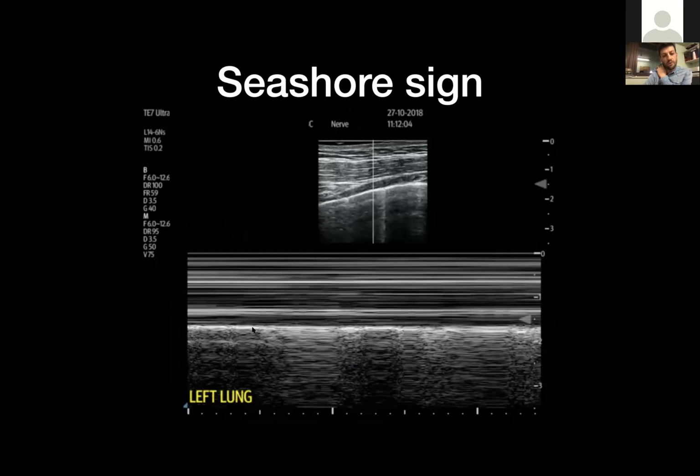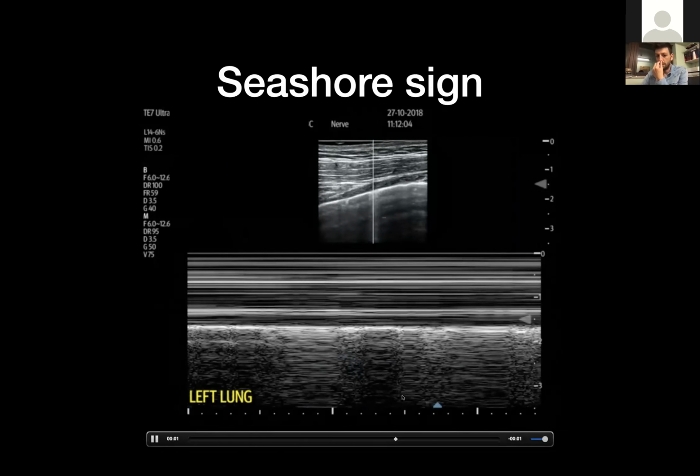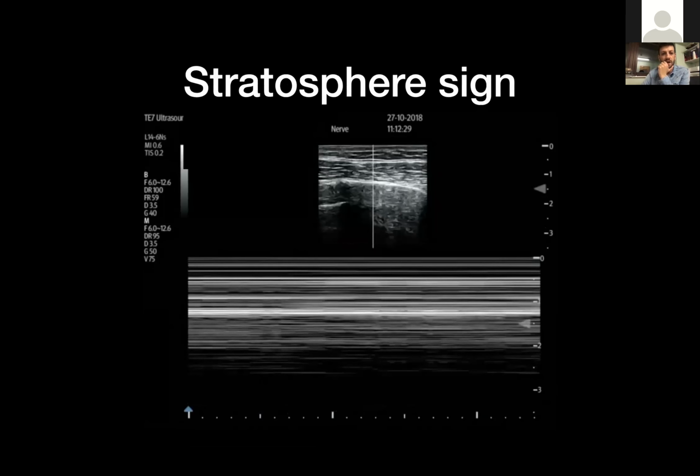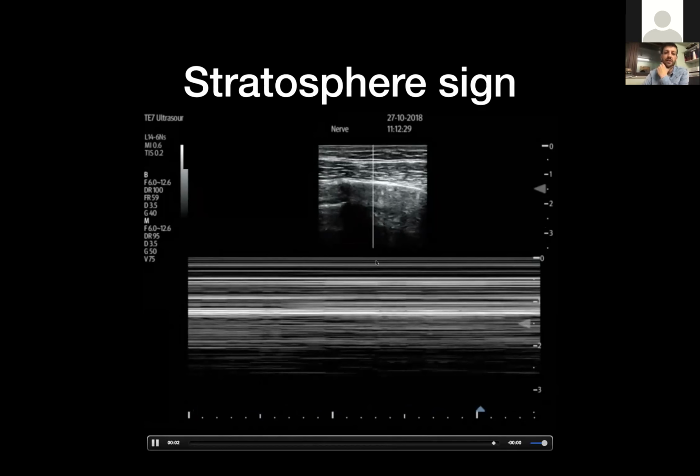Then we see the pleural line here, which is slightly brighter, and the lung behind it, which is moving, and we see this Seashore sign. So over time, we're seeing the Seashore sign. In the absence of lung sliding, where nothing is moving, we just see a whole series of straight lines, and this is the Stratosphere or barcode sign.